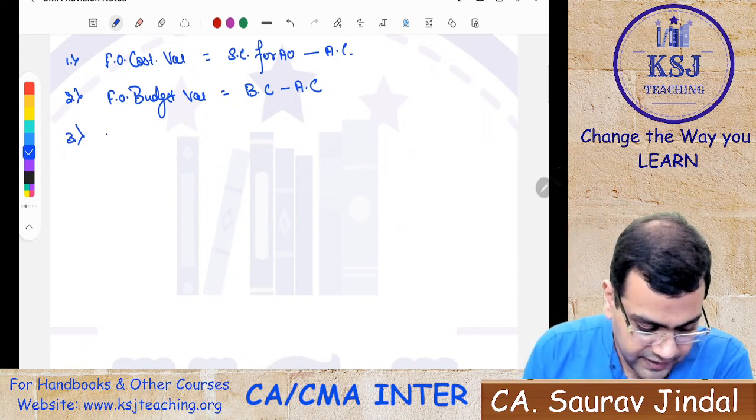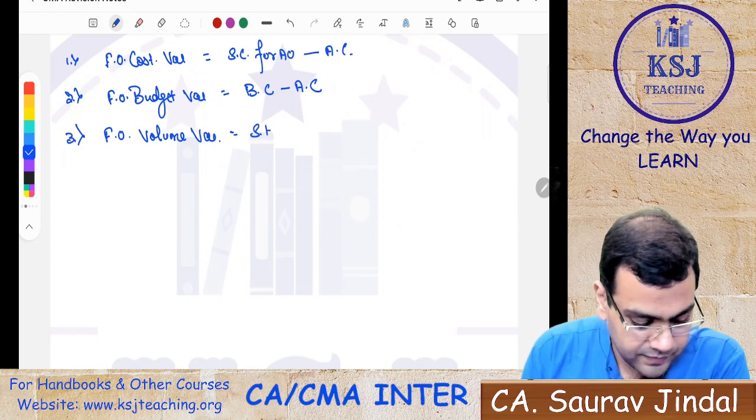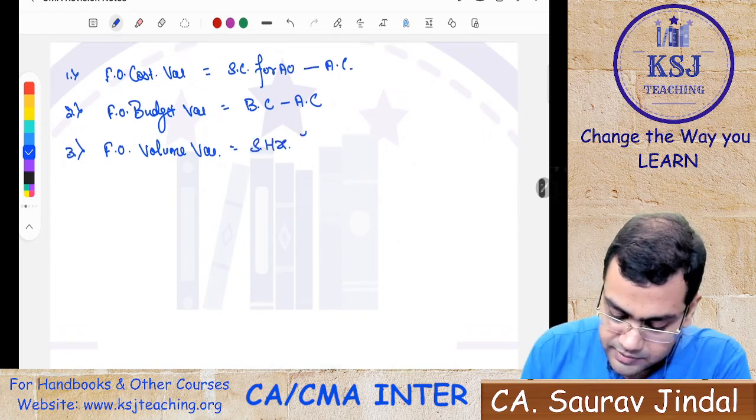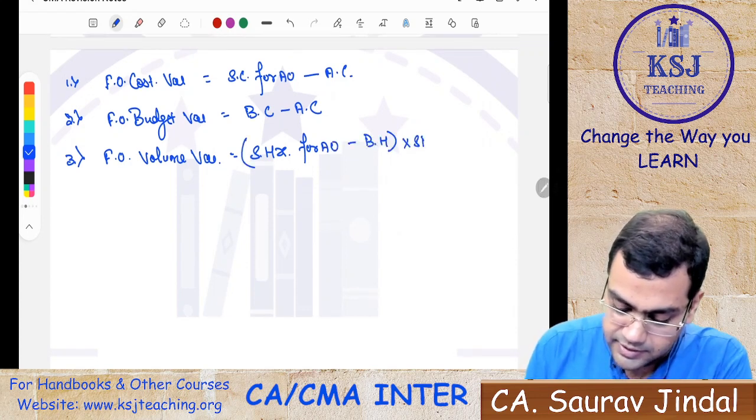After that, the fixed overhead volume variance, that is standard hours for actual output minus budgeted hours, multiplied by standard rate.